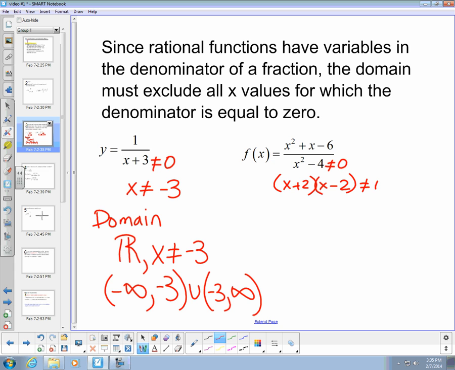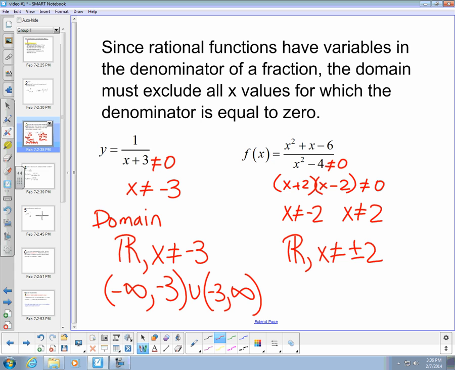If x plus 2 can't equal 0, then x cannot equal negative 2. And if x minus 2 can't equal 0, then x can't equal positive 2 either. So the domain would be all real numbers except positive or negative 2.